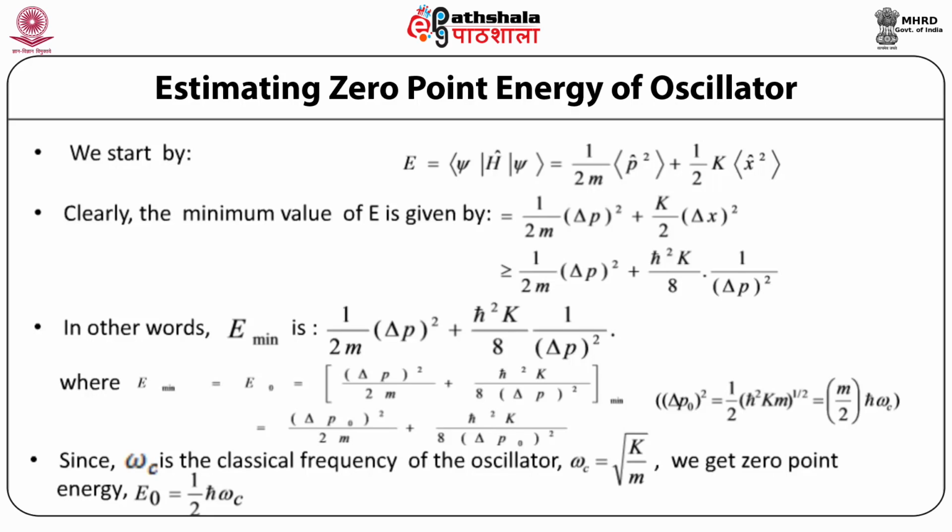Further, delta p naught square is equal to 1 by 2 times h cross square times k times m to the power half, and this is equal to m by 2 times h cross omega c, where omega c is the classical frequency of the harmonic oscillator and is given by omega c is equal to under the root of k by m, where k is the force constant and m is the mass, and we get the 0 point energy using that substitution as E naught is equal to half h cross times omega c.